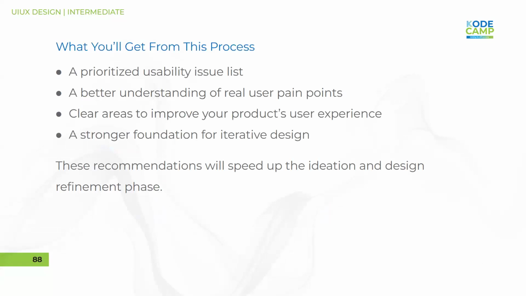So what will you get from this process? You get a prioritized usability issue list. You also get a better understanding of real user pain points. You also get clear areas to improve your product's user experience, and a stronger foundation for iterative design.